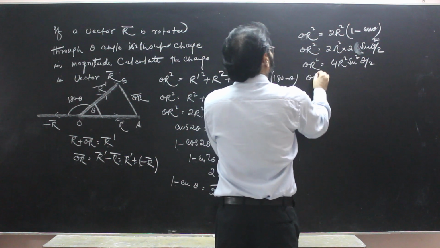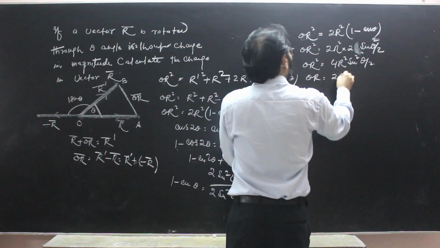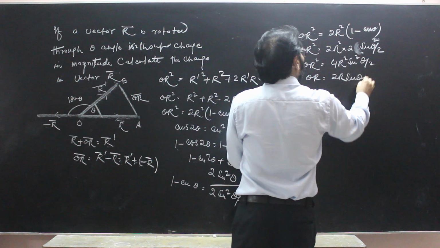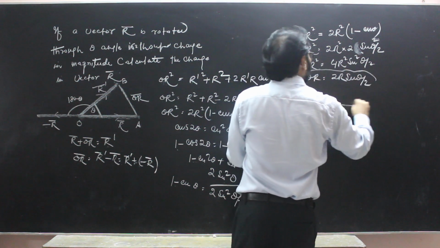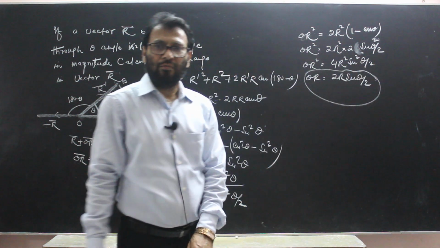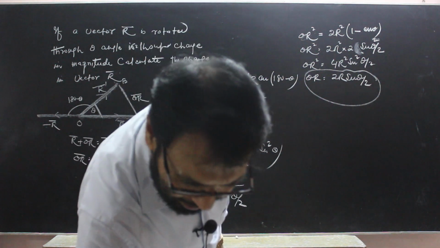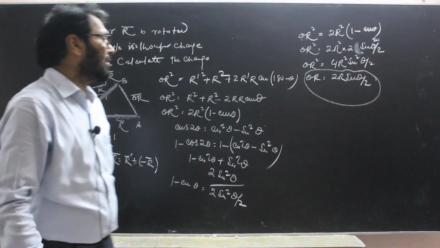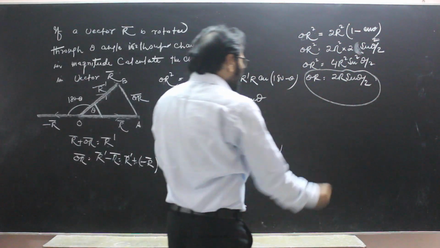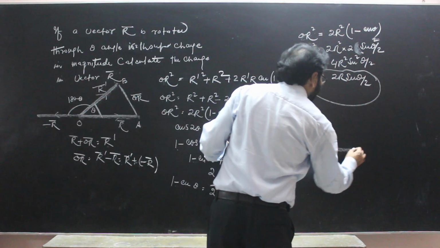So delta r is 2r sin theta by 2. So if a vector is rotated through theta angle without change in magnitude, the change in vector is 2r sin theta by 2. And it can be easily solved like that.